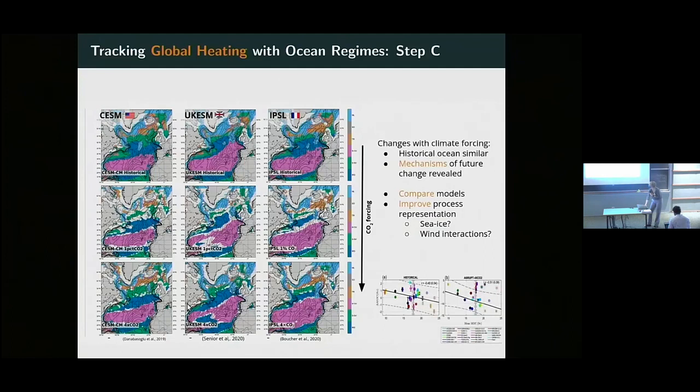And I can also see that, for example, for the French model here, IPSL, the pink region shifts quite a lot further north, which is something that I can then use to understand a little bit more about what the different models are doing and potentially also why. So this now lets us unpack this way of looking at it, where we just have one number, and we're supposed to understand what's going on.